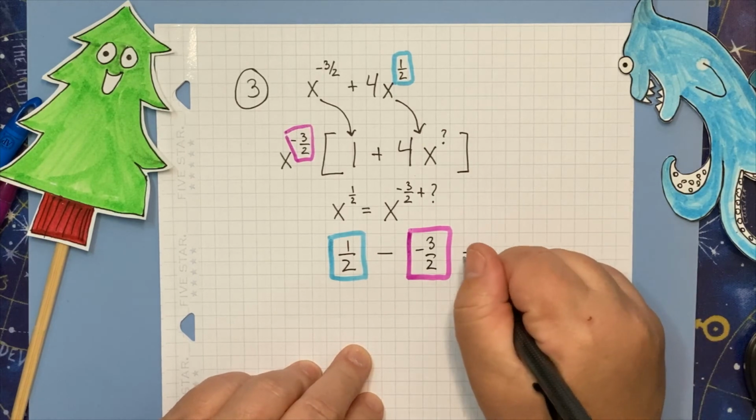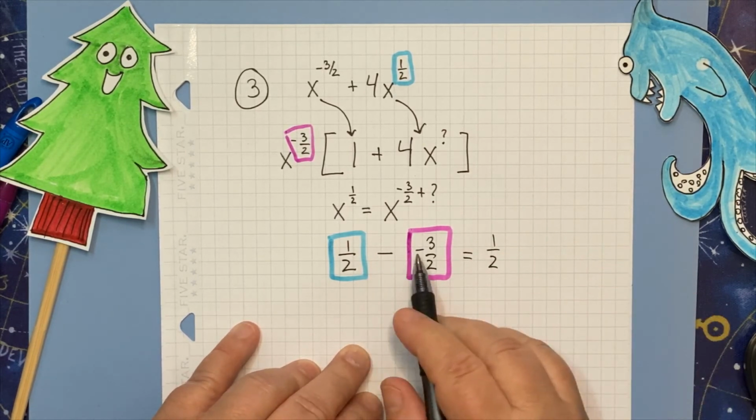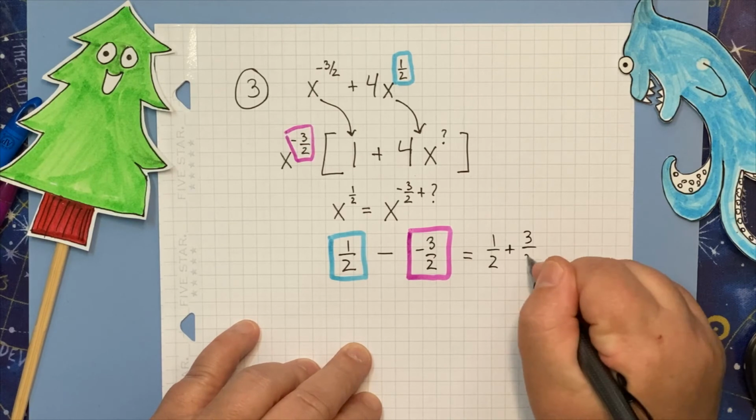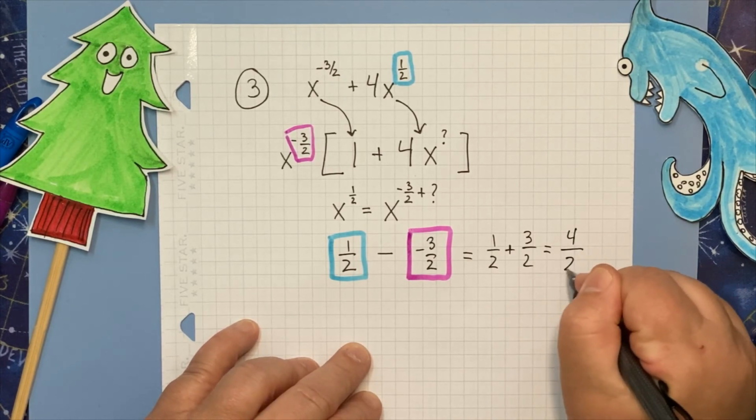So that's equal to 1/2 minus a negative 3/2, which is equal to 4/2.